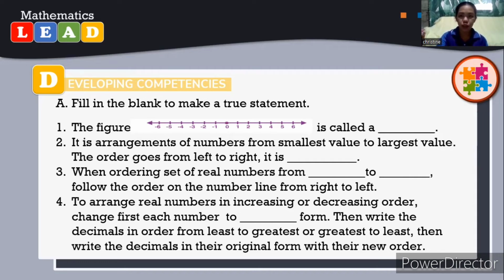I will give you 20 seconds, students, to answer this developing competencies activity.